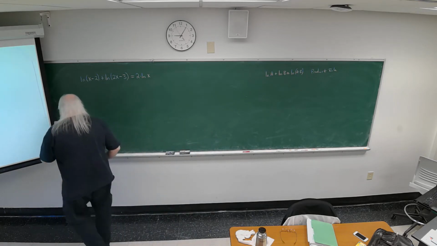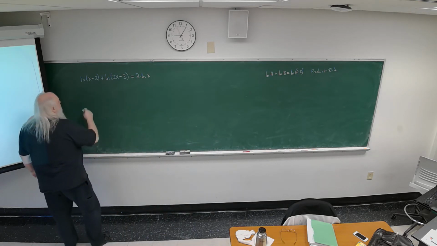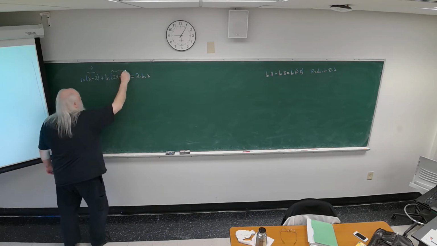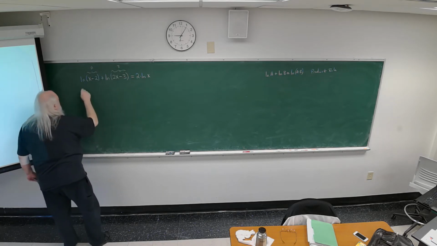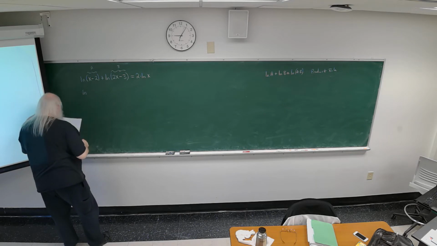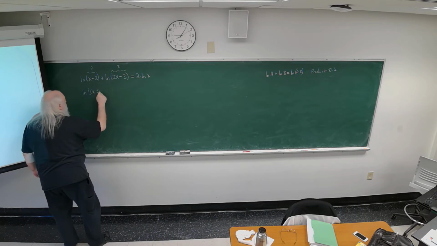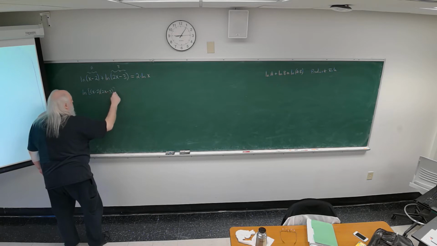So using the product rule, this is like our A, and this is like our B. And so the left-hand side condenses to the natural log of x minus 2 times 2x minus 3.